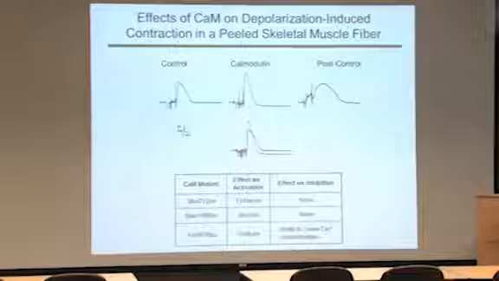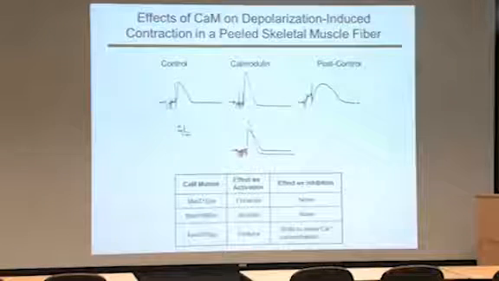So the reason you have to peel these fibers is it's very hard to get proteins in and out of muscle fibers. You can't use a patch clamp to do that because the diffusion distances are too long. Calmodulin binds to all the proteins in the fiber. And so this is one way you might better get calmodulin in and out of fibers. We also have calmodulin mutants, which are defective or have enhanced channel inhibition or channel activation.